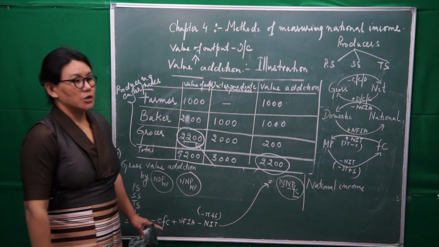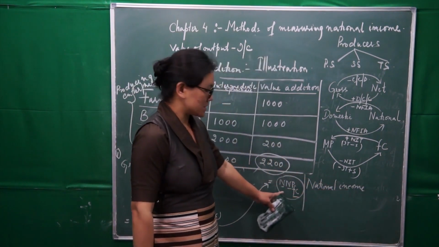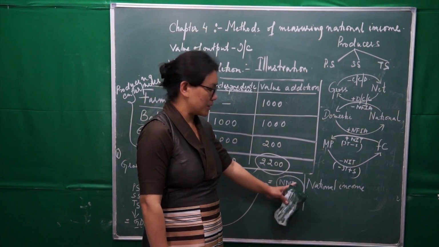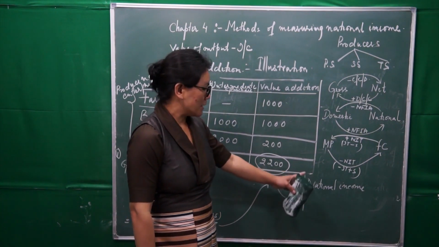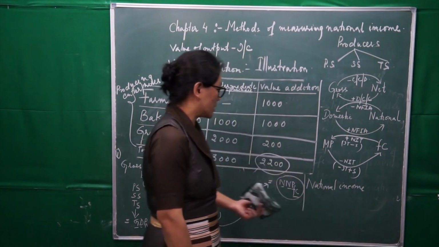Is that clear? You need to remember, I said before, that NNP at factor cost is the national income. Is that clear? Okay.